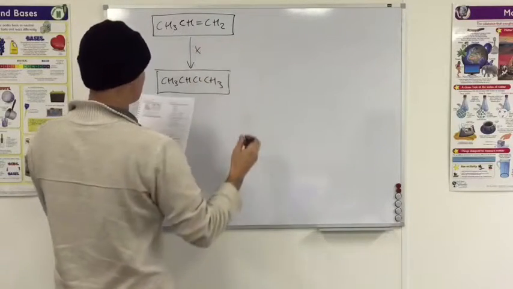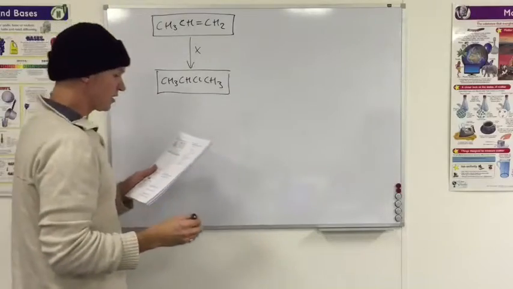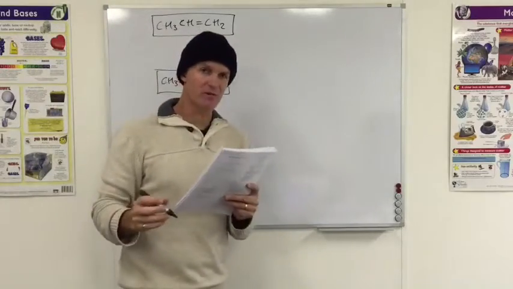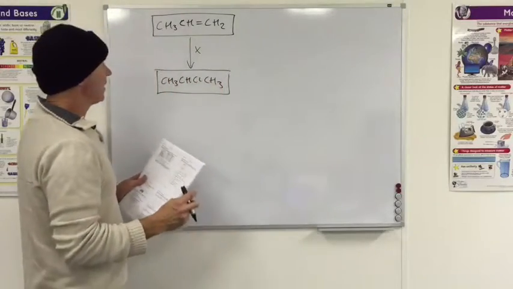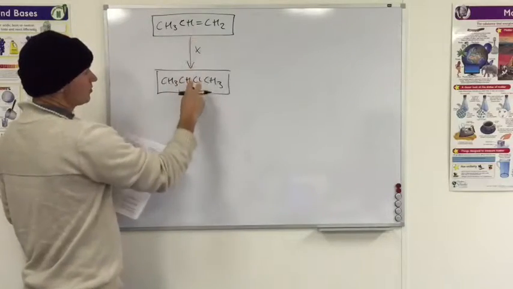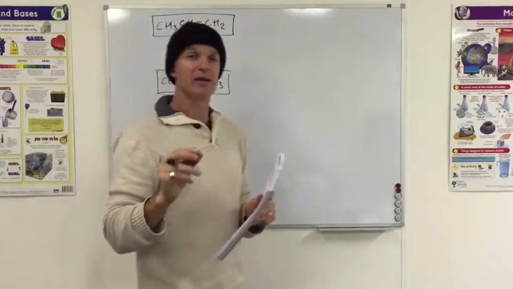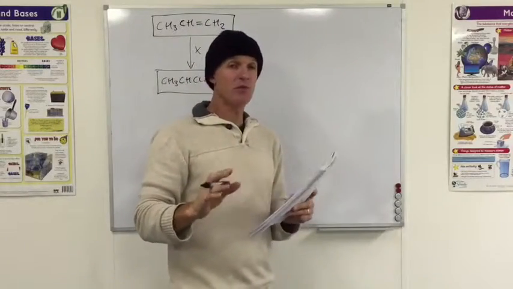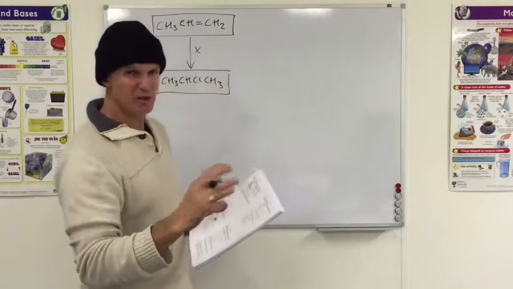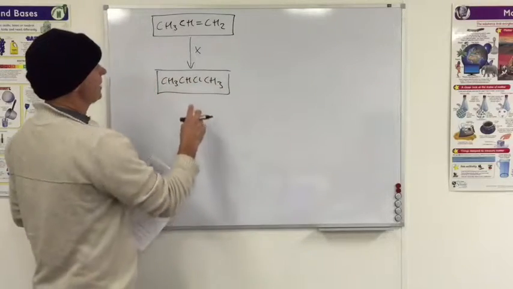And that is the reaction that it's going to go through. Now, we've broken the double bond and we've added stuff in there. It's an addition reaction. That's the simplest answer, and you could put the more specific one, but you're not going to get any brownie points for that, okay?